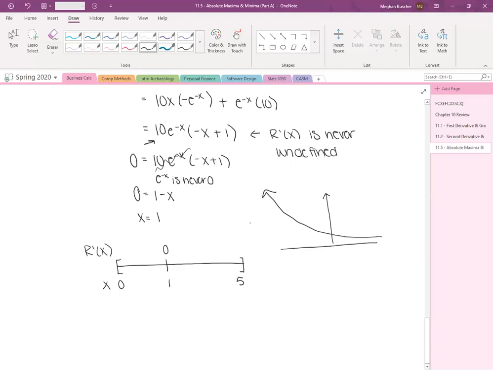So what that means is e to the negative x is always positive. So same as how we just ignored it when we're solving for x, we can just ignore it when we're worrying about the sign too, because it's always going to be positive. It doesn't change. So looking at negative x plus 1, when we have a number that is less than 1 for x, is this going to be positive or negative right here?